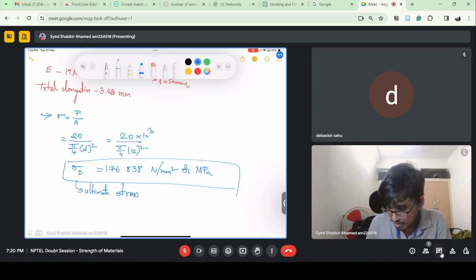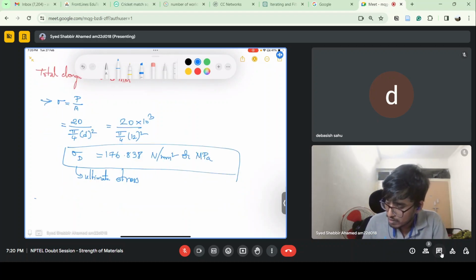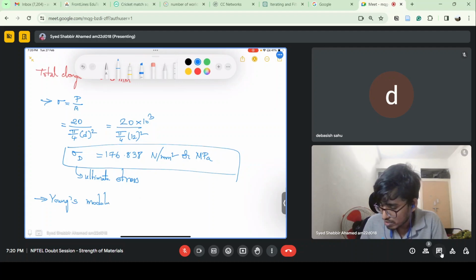Now we have to find out the Young's modulus for the material of this specimen.